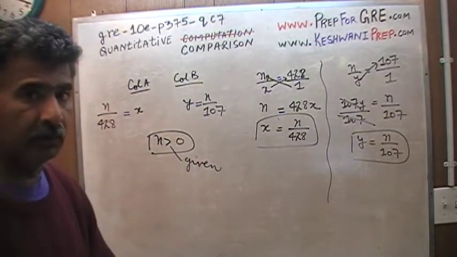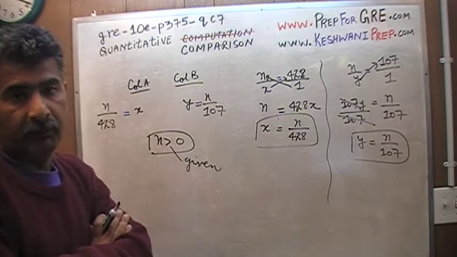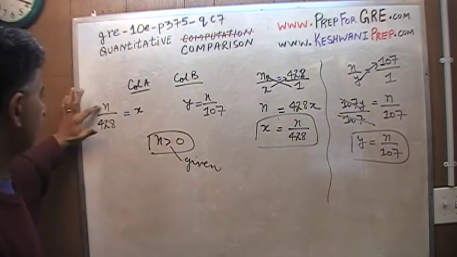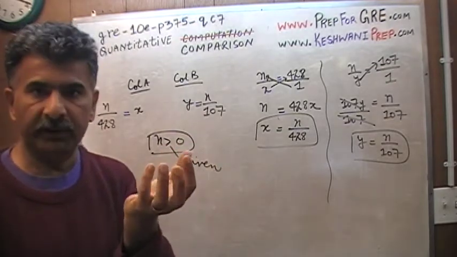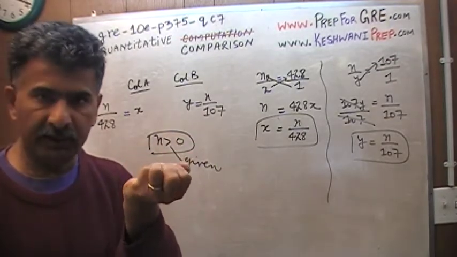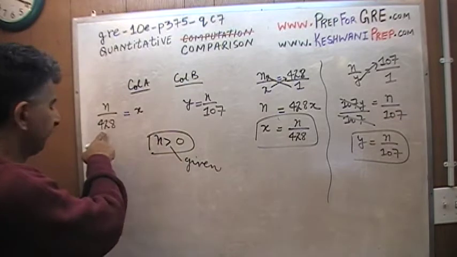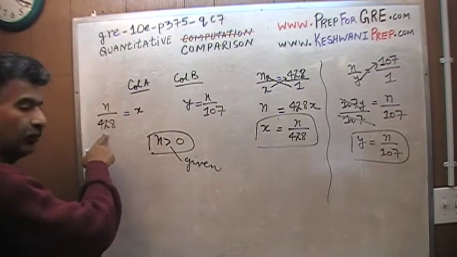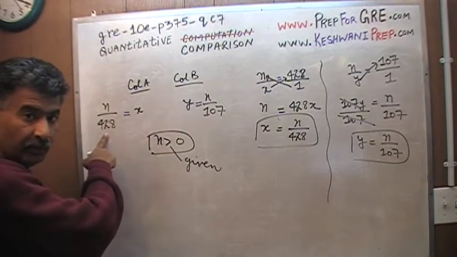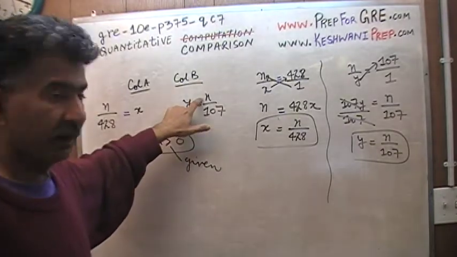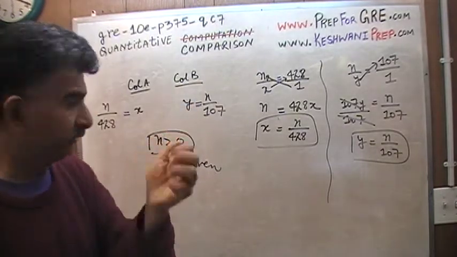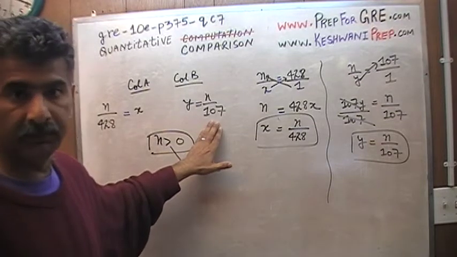If we did not know that n is positive, then what I'm about to say would not apply, because what I'm about to say is that we have a certain quantity. Think of this in terms of money. If I have a certain amount of money, and if I divide that amount of money amongst 428 people, then each person is going to get a very small amount, as opposed to taking the same amount of money, n dollars, and dividing it among 107 people.